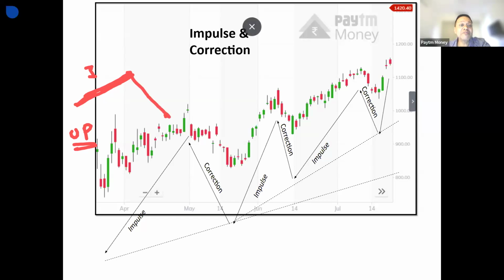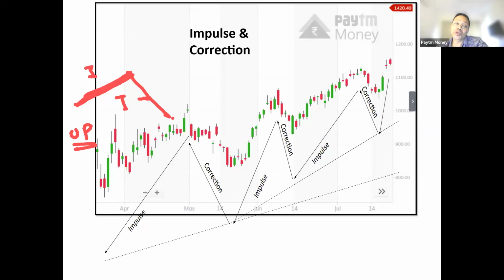But the next move is even bigger than the previous move. So, should it be a corrective move? It should have been smaller than the impulse move. Now, it has become bigger than the previous impulse move. So now this has also become an impulse move. We are not going to consider it a corrective move.